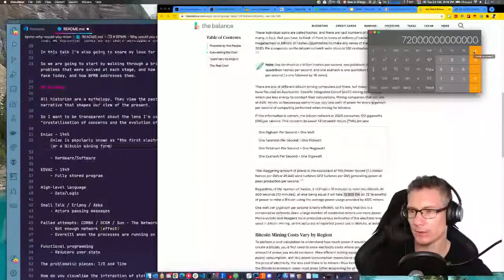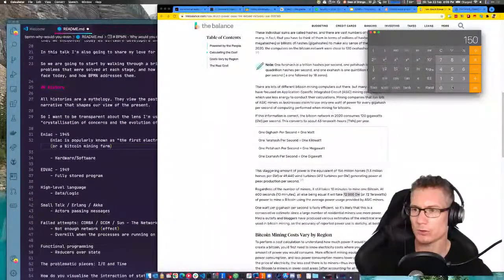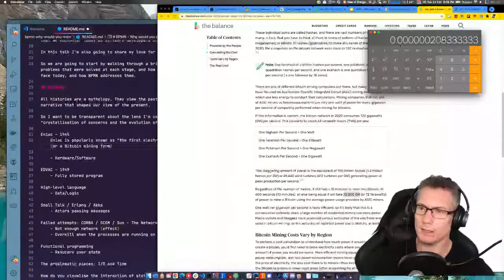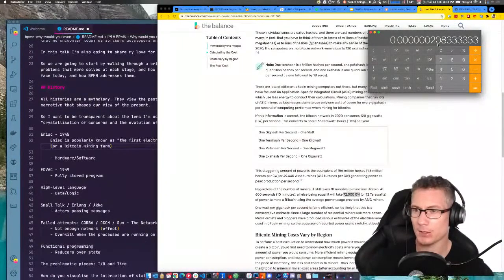So memory plus that, and then do 150 kilowatts. Divide by memory recall equals, that's a percentage, multiply by 100. That's how much of a Bitcoin you would get.